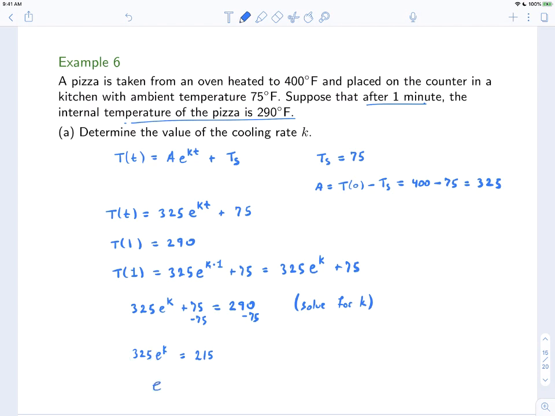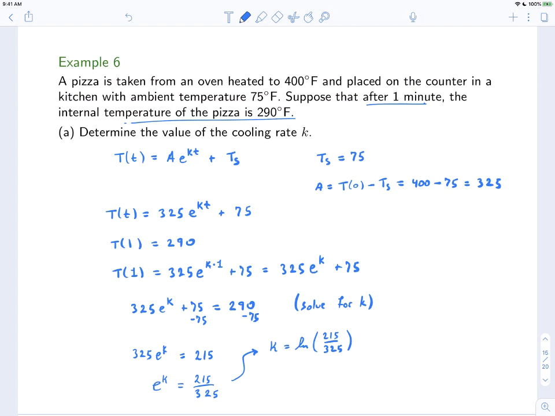So we'll have that e to the k is equal to 215 over 325. So k is the power of e that gives us 215 over 325. So if we write that as a logarithmic equation, we have that k is the power of e that gives us 215 over 325. And so that's our value for k.